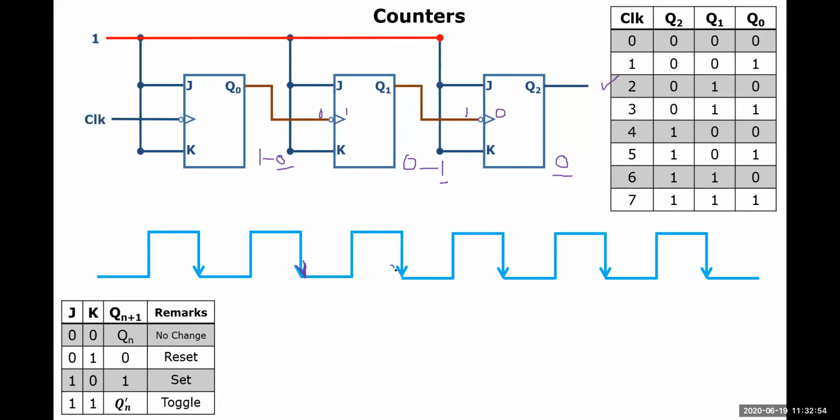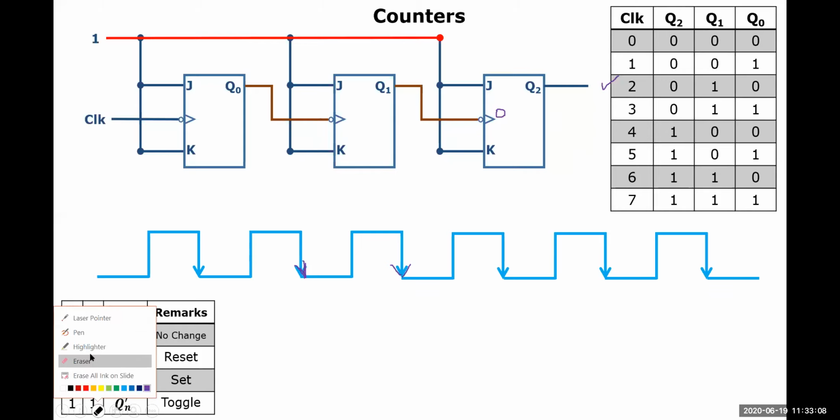Now the third clock pulse has been activated. Before taking the third activity, let us examine the previous values of the output here. So let us take the specification here. Before that, look at this, Q2 equal to 0, the output of this one is 0. Q1 equal to 1, the output of this one is 1.